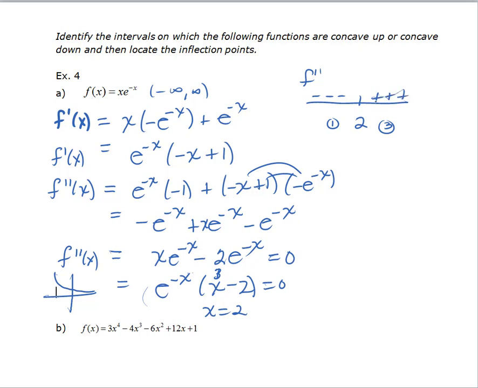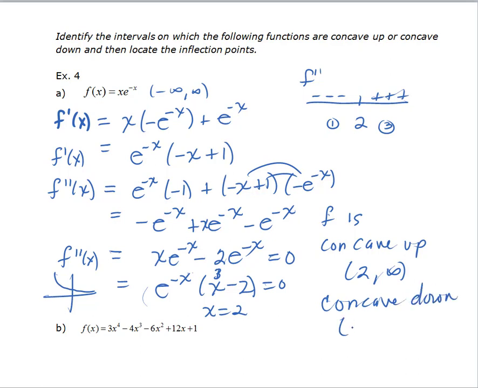And so what I know is that the second derivative is negative from negative infinity to 2 and positive from 2 to infinity. That means the function f is concave up on the interval from 2 to infinity, because that's where the second derivative is positive. It's concave down from negative infinity to 2.